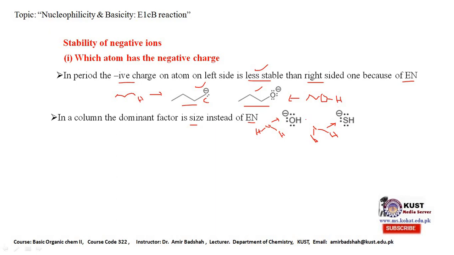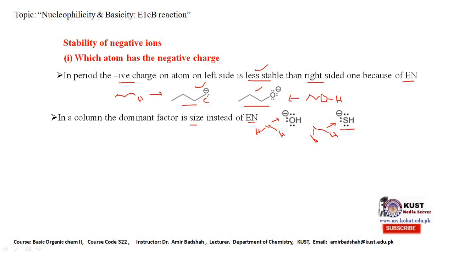So in this case, the negative charge is present on the oxygen, which is more electronegative than sulfur, but here the size of sulfur is greater than the size of oxygen, and compared to electronegativity, the size effect is more dominant. So that's why the SH negative ion is more stable than the hydroxyl ion.